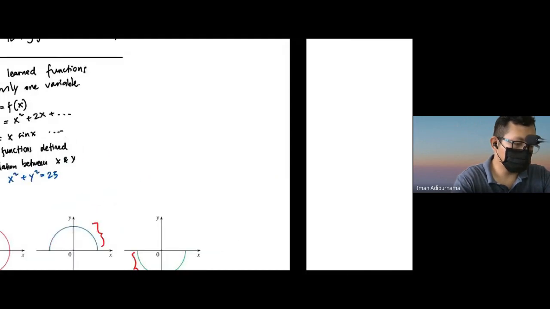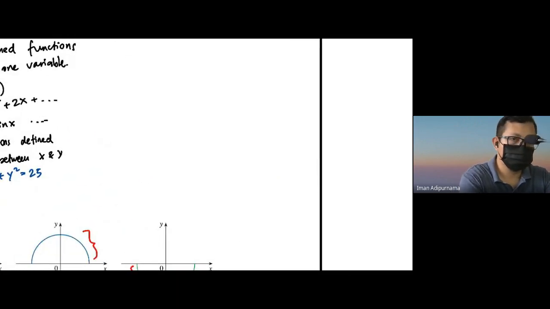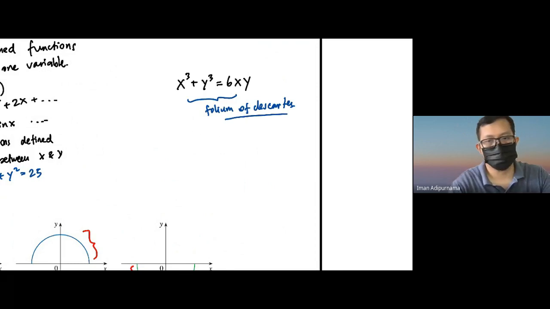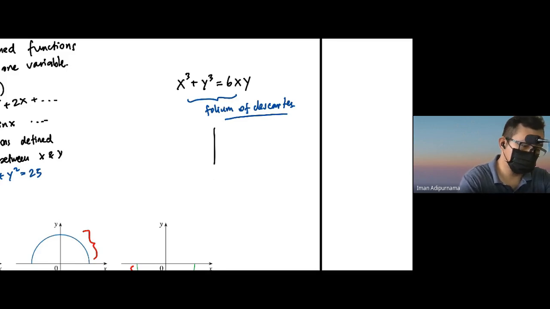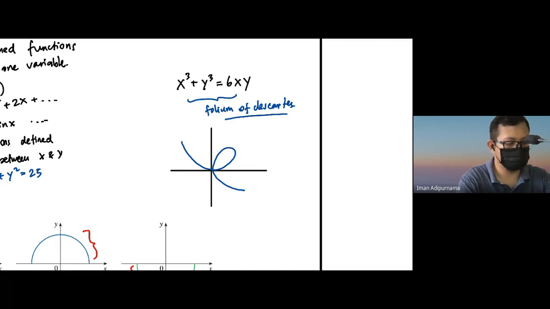And there are other functions, for example, x cubed plus y cubed equals 6xy. This is called the folium of Descartes. If I draw this, it will look more or less like that.